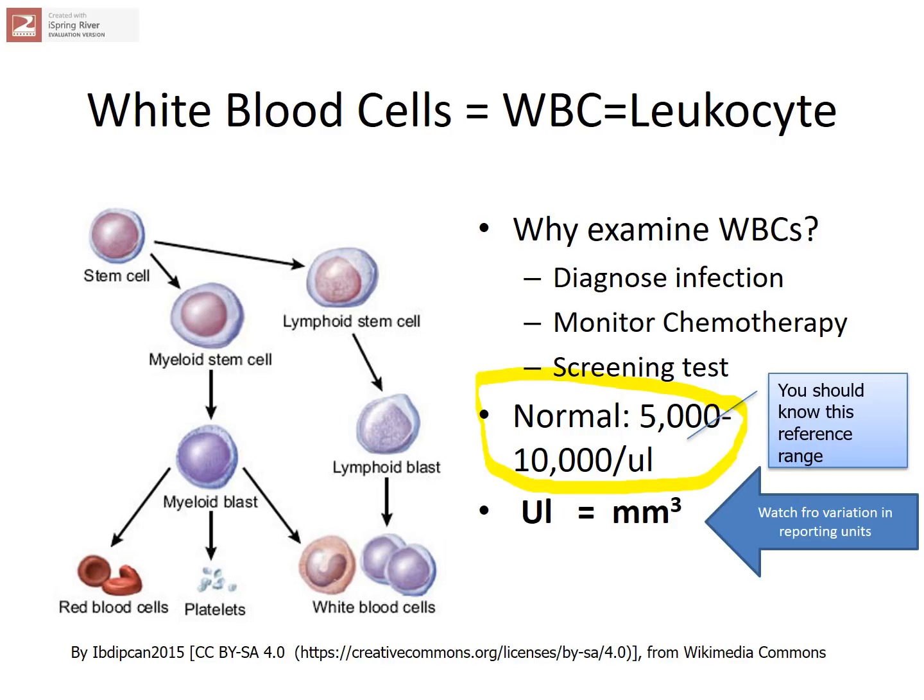White blood cells, as we've previously discussed, are counted as part of the complete blood count panel, or the CBC. The term for white blood cells is leukocyte, and sometimes we abbreviate it WBC. It's important to examine the white blood cells for the diagnosis of infection, monitoring treatment such as chemotherapy, and just to screen for disease.